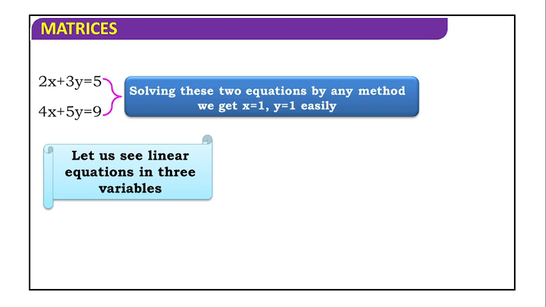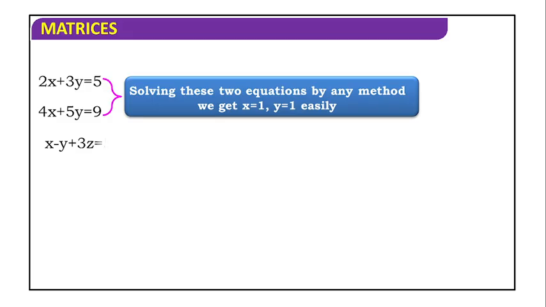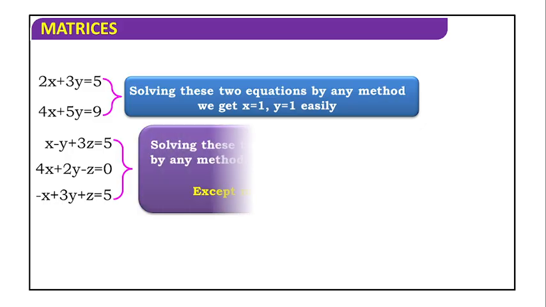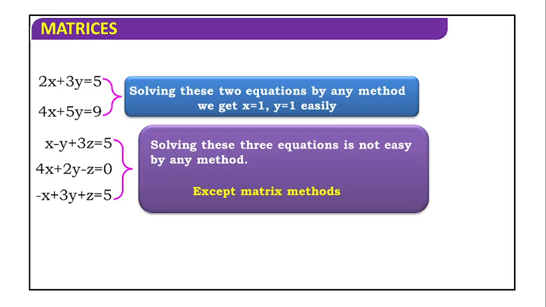If the linear equation has three variables, the equations can have 3 variables, 4 variables, 5 variables like that. To find the x, y, z values, or to solve equations with 3 variables or more, it is very difficult except by the matrix method.